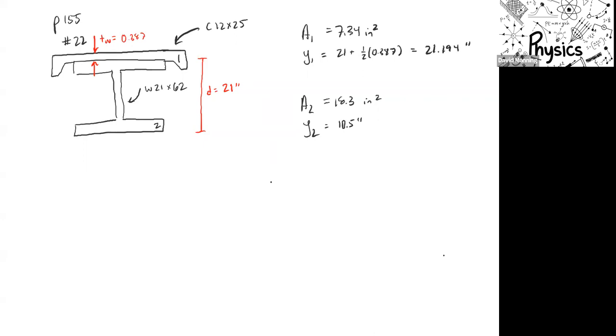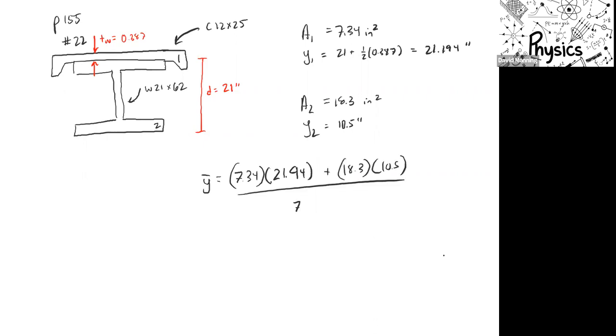And then we just add them up for Y bar. 7.34 times 21.194 plus 18.3 times 10.5 over 7.34 plus 18.3. Y bar equals 13.78 inches.